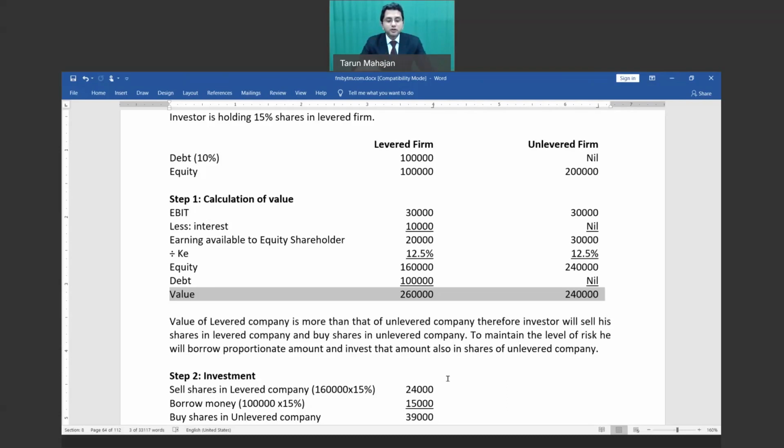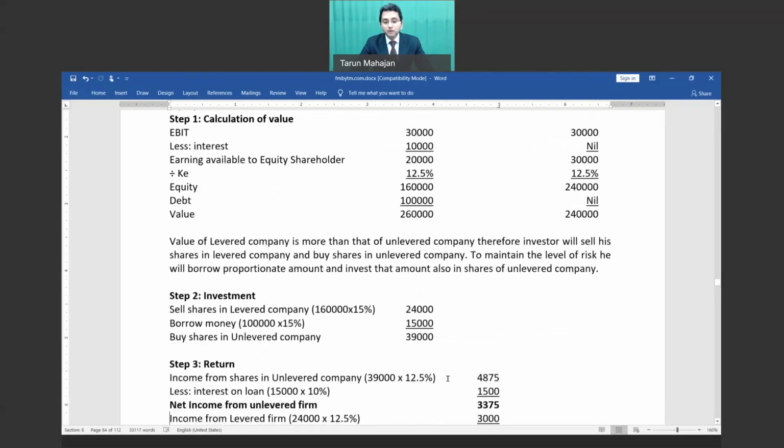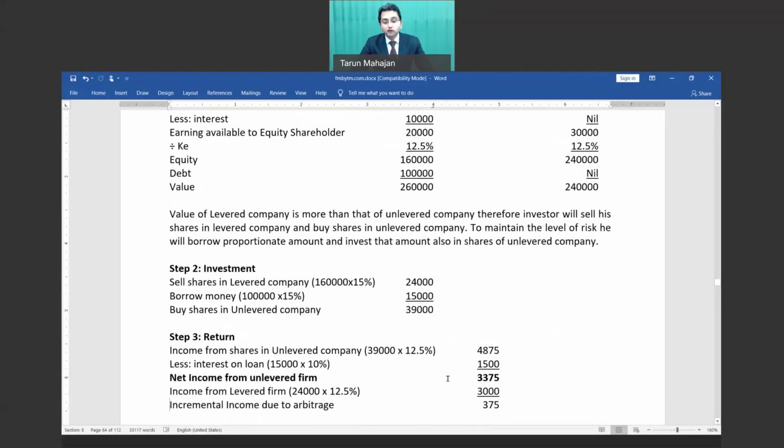Now I'll tell you a fantastic shortcut to cross-check your answer, not to perform in the exam, but just to cross-check the answer. See, you borrowed 15,000 rupees, right? And you invested this money in the shares of the unlevered company. Now, your income from shares of the unlevered company is 12.5%.